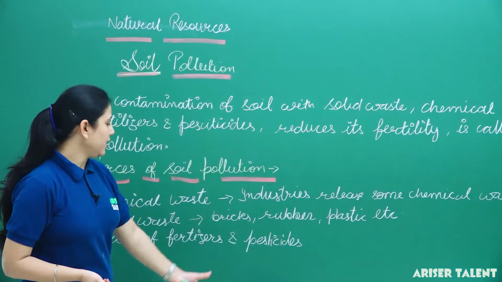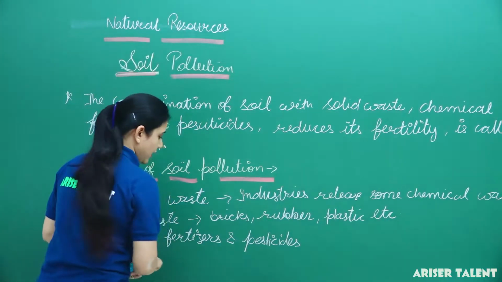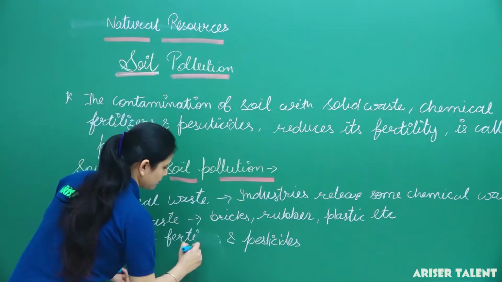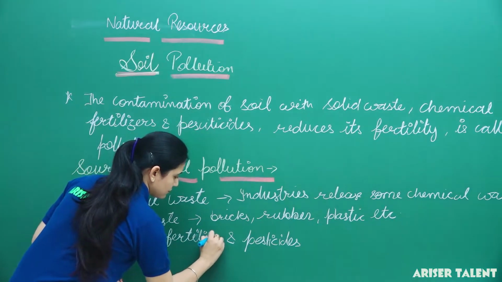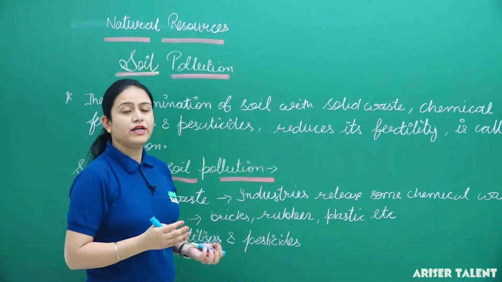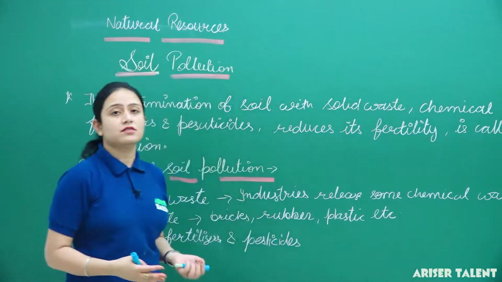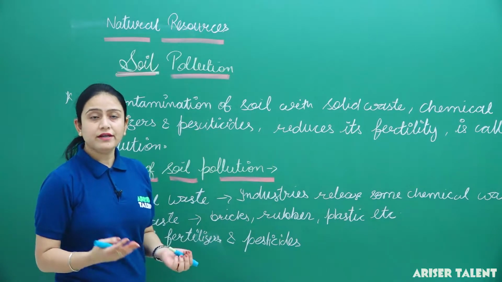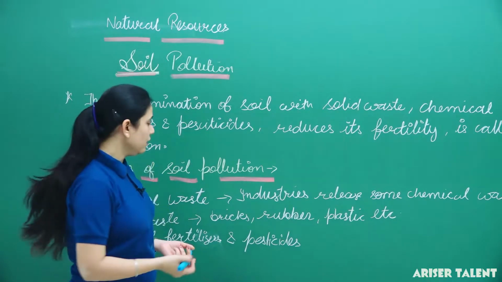Excess of fertilizers and pesticides. When we use fertilizers and pesticides in excess for the crop production, then they get mixed with the soil and make it unfertile, or it pollutes the soil.